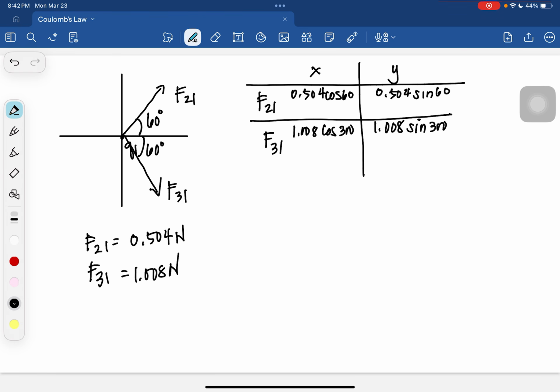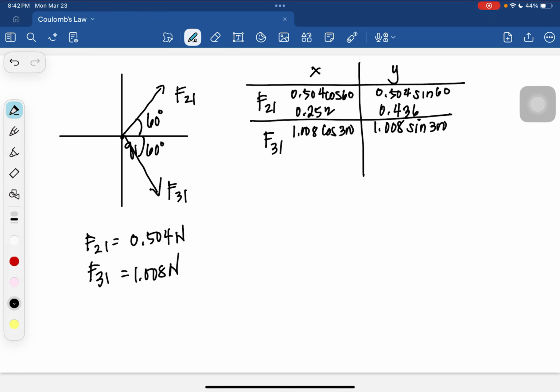Okay, let's solve those. 0.504 cosine 60 is equal to 0.252. I'm assuming both of these are positive, looking at the figure. 0.504 times sine 60 is equal to 0.436.